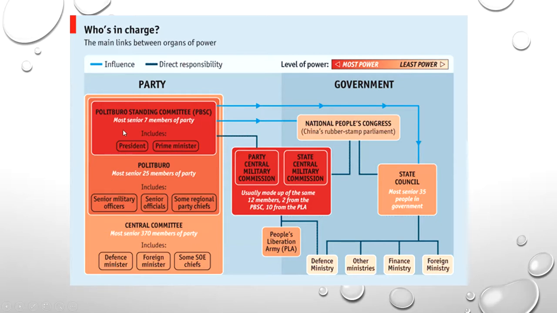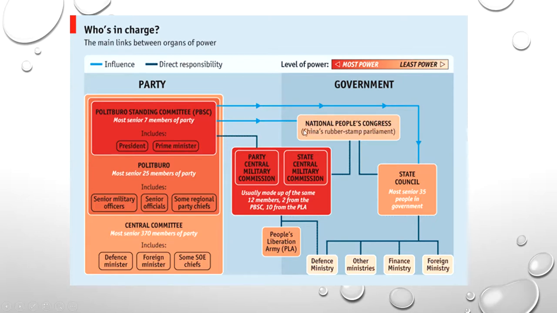The highest level of the party, the political organ, is the Politburo Standing Committee, composed of the most senior seven members of the party. The head of the party would also lead the government. So they have corresponding positions: one in the party, then one in the government. And they will head one of the highest levels of the government, or the bureaucracy in this case, the National People's Congress.